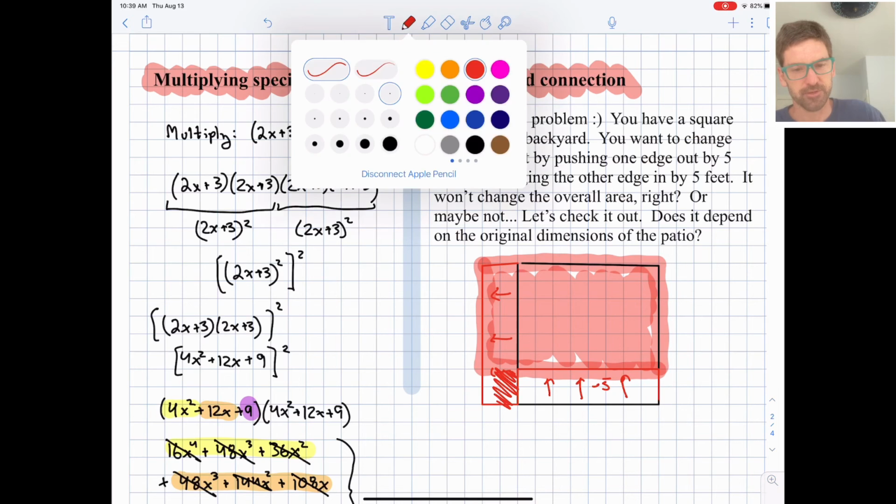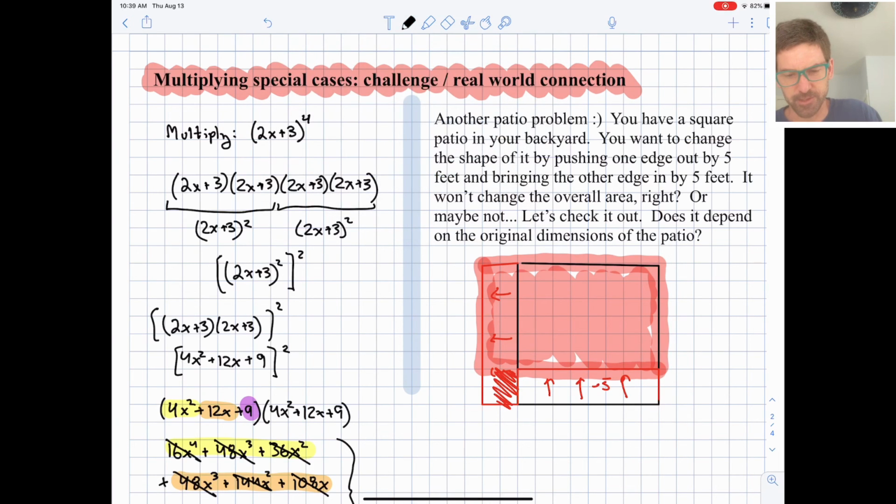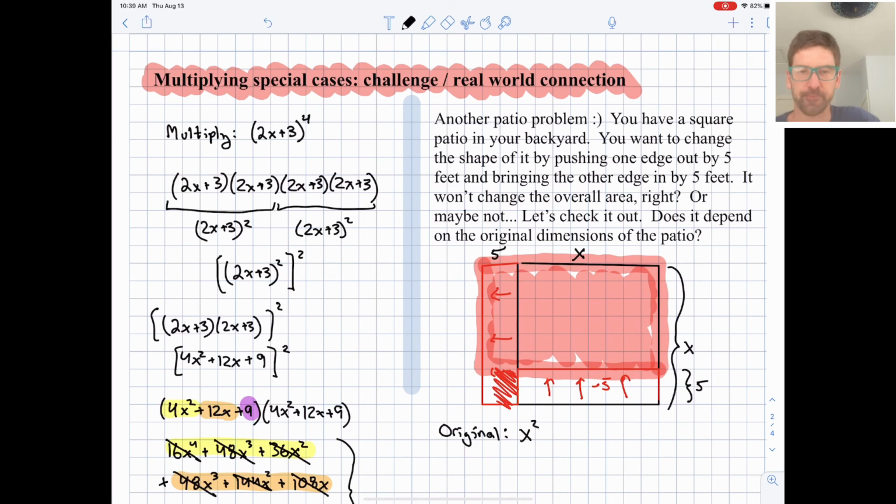But let's get some variables written in. So this is x, and this is 5, and this is x, and this is 5. Okay, so our original patio was x squared, right?